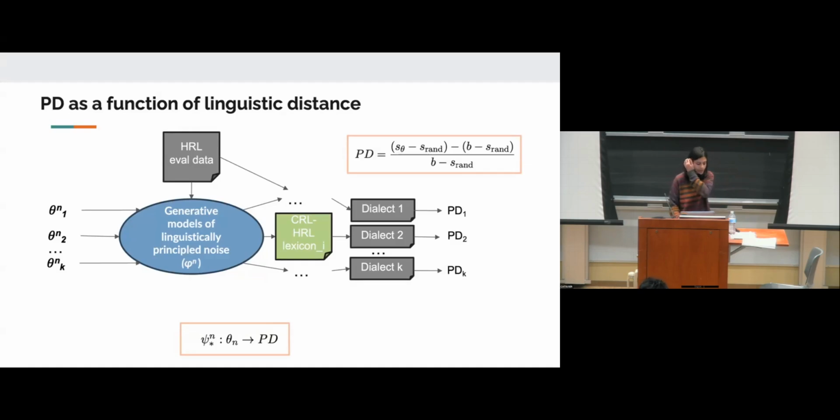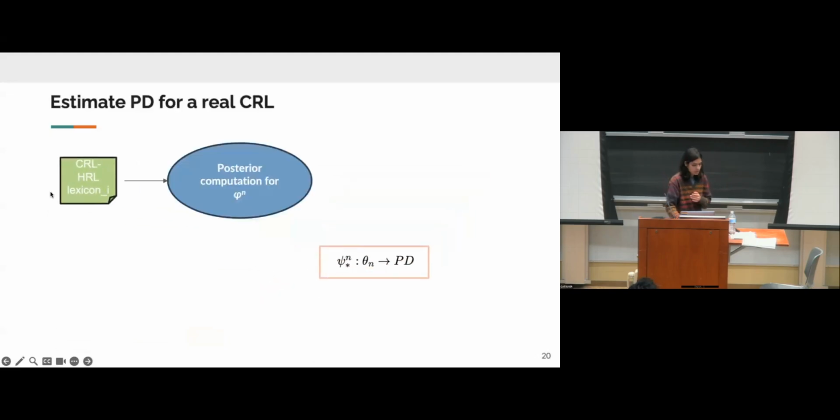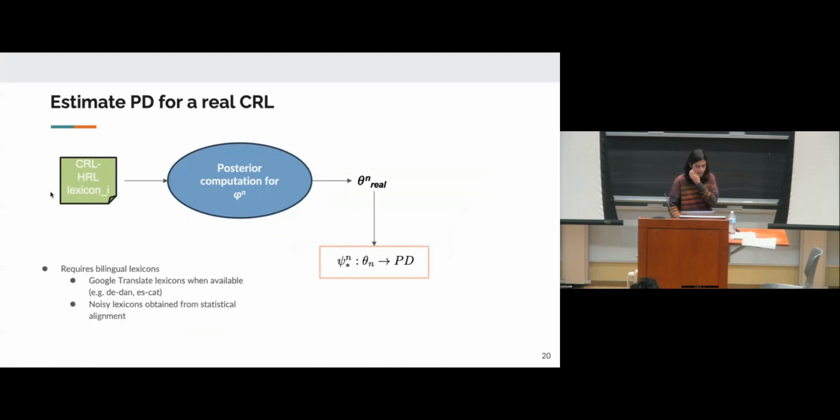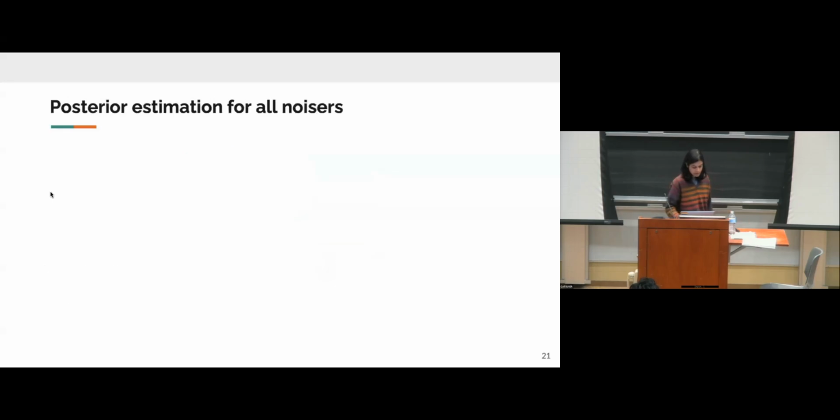So we can assume that we have them, and then we can assume that our dialect was generated using some underlying thetas, and we can do a posterior computation with our noisers to find what these underlying thetas were. And you need bilingual lexicons to do that, but like I said, that's not an unreasonable expectation.